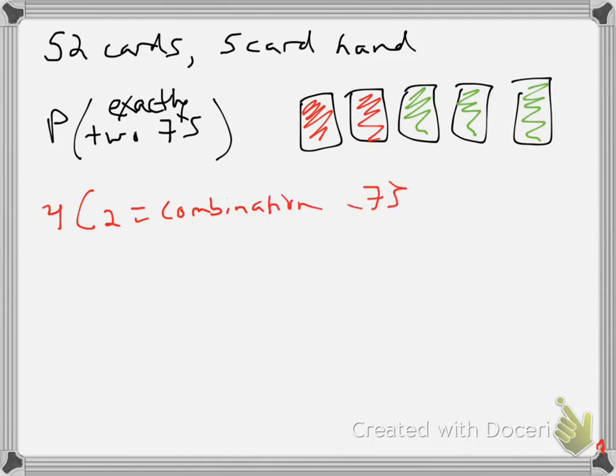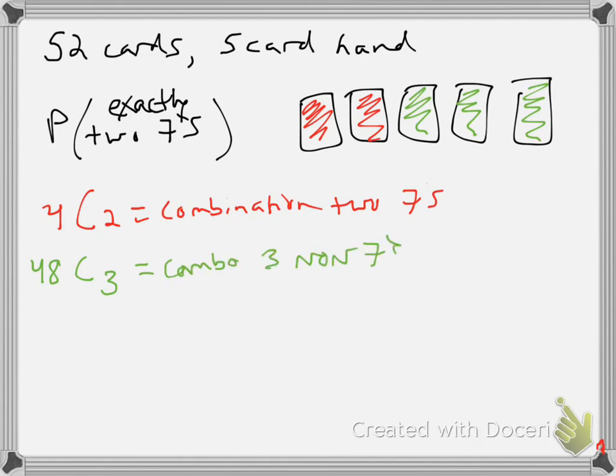And then the rest of it, if I take the 4 7s out of the deck, I'm left with 48 cards. And so if I have 48 cards and I need 3 of them to be non-7s, that'll tell me the combo of 3 non-7s.